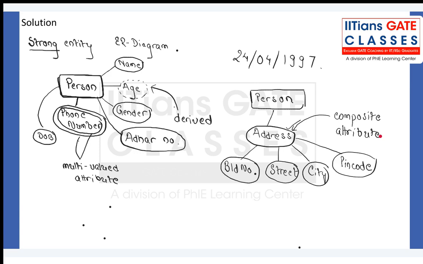That's why this attribute is also called a key attribute. So what is a key attribute? A key attribute is an attribute that can uniquely identify an entity. And to represent a key attribute, we underline the attribute.